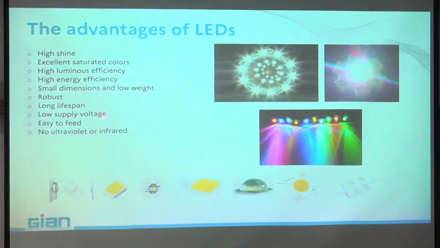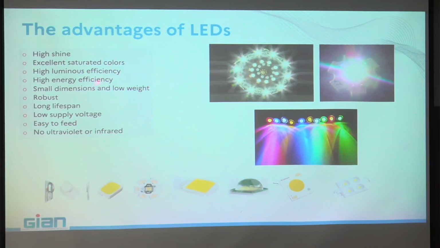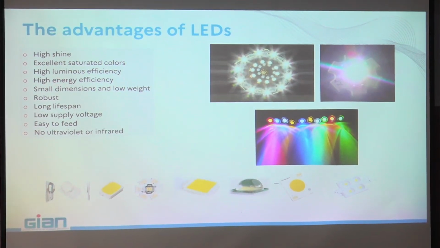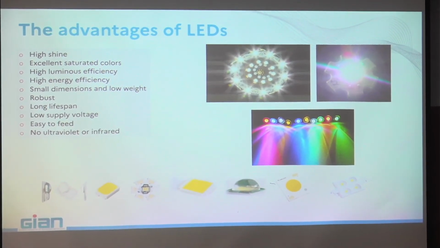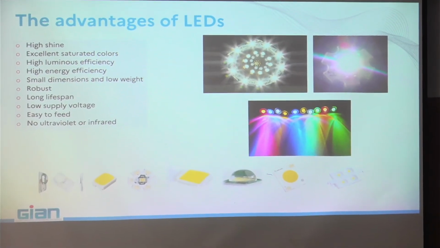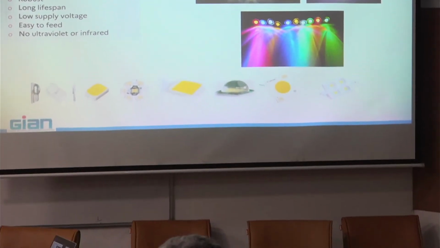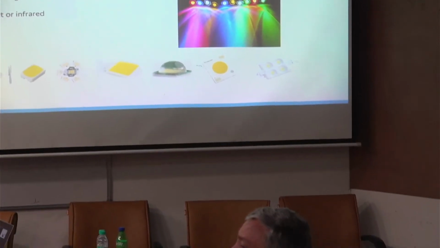For the LED, the problem is the power supply behind, the driver. You have low supply voltage, you need DC low voltage, a few volts up to 10, 15 volts is enough. Easy to feed, yeah, okay.